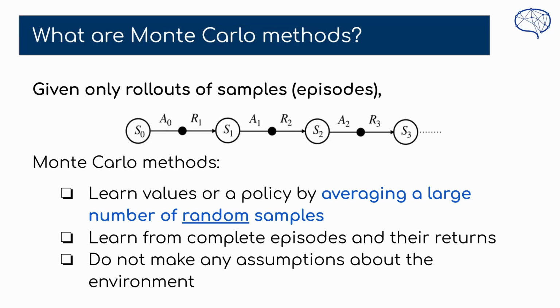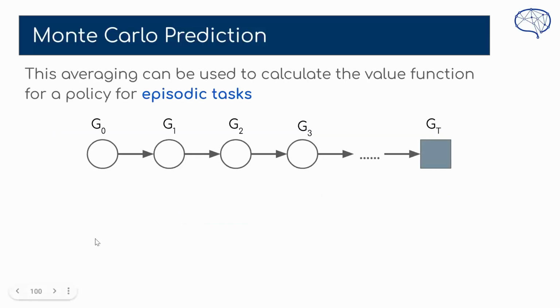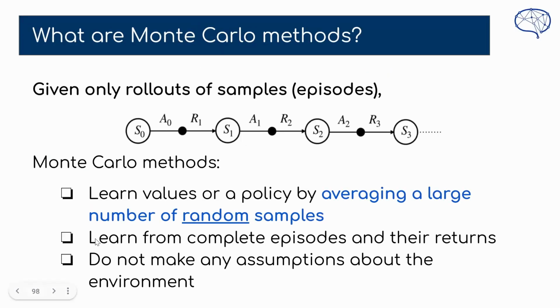Now we need to look at the entire episode until we hit a terminal state or until we decide to stop. With this, we don't need to make any assumptions about the environment. We don't need to know the transitions to the next state, or what our next state is. We're just looking at, if we're in this state, what's our estimate of future rewards.